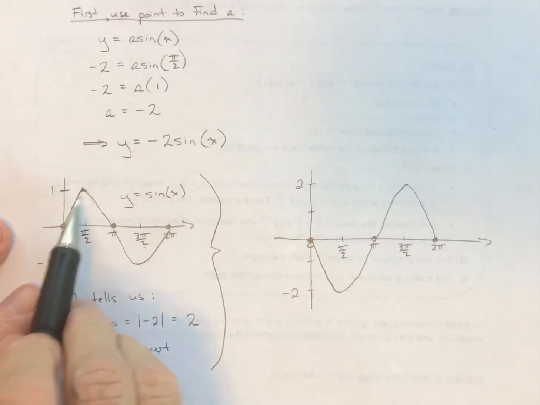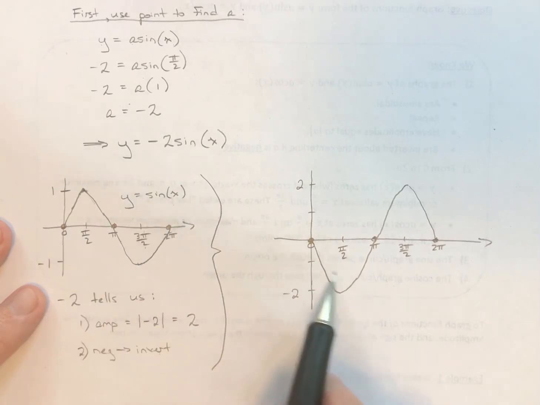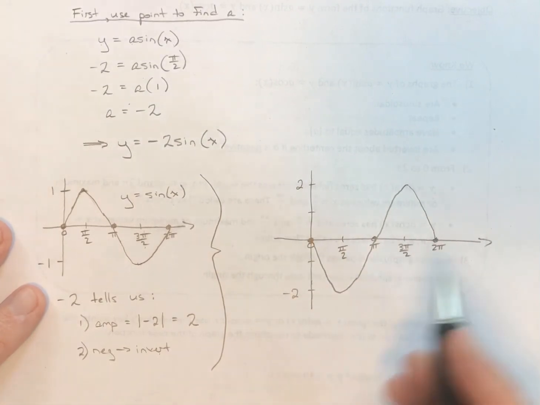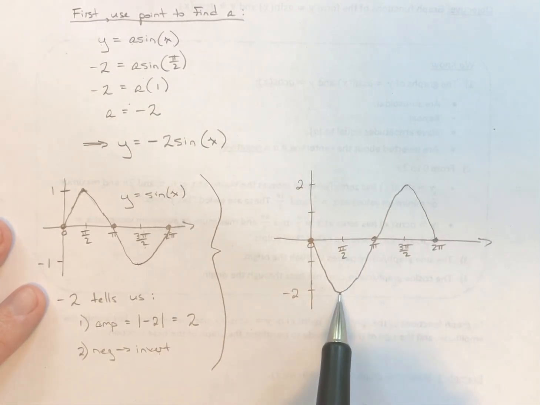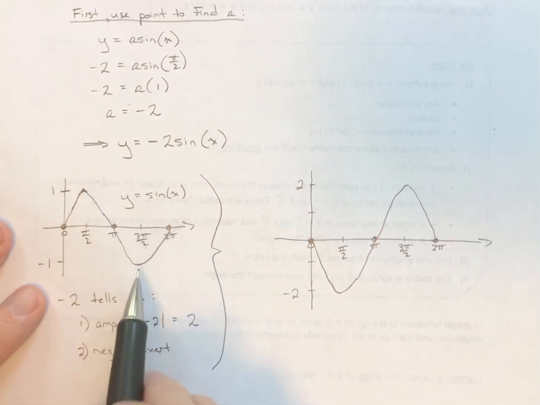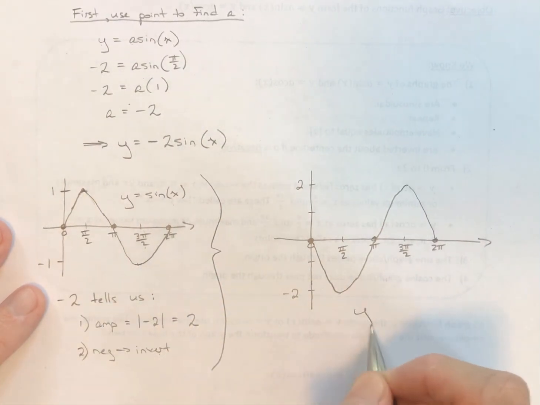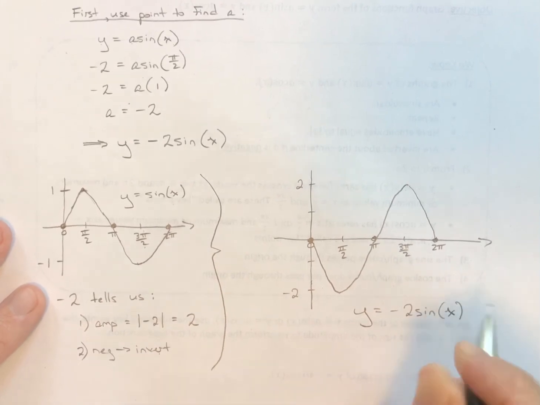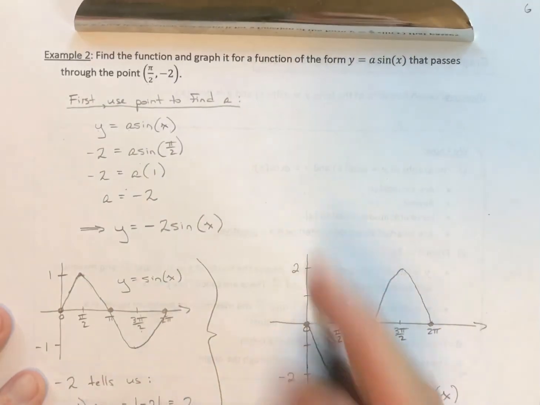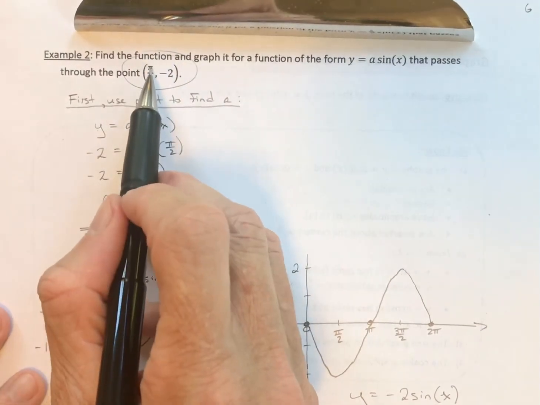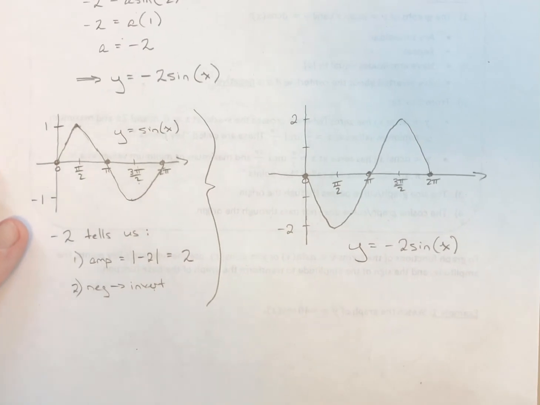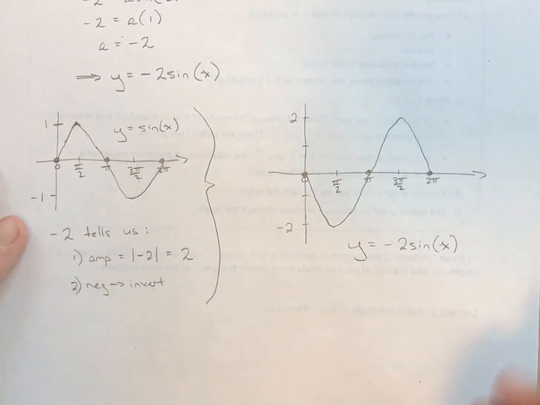So this upper piece became a lower piece in the inversion, and this lower piece became an upper piece, but our key points stayed the same. It's just that our minimum and our maximum got inverted. So this is the graph of y equals -2 sine of x. And you'll recall, it passes through the point pi over 2, -2. Let's check that. That was one of the key pieces of the problem.